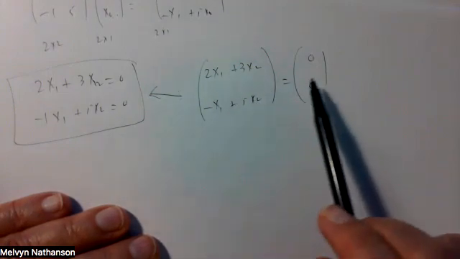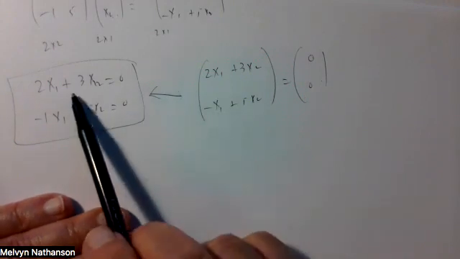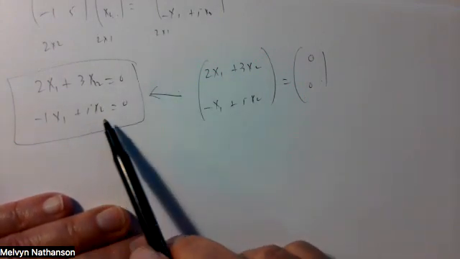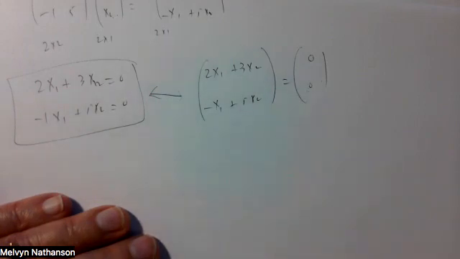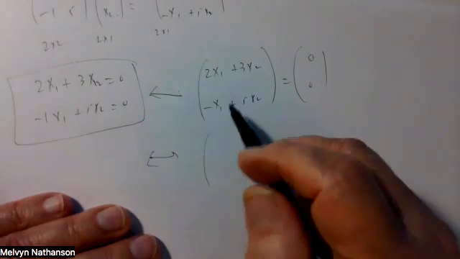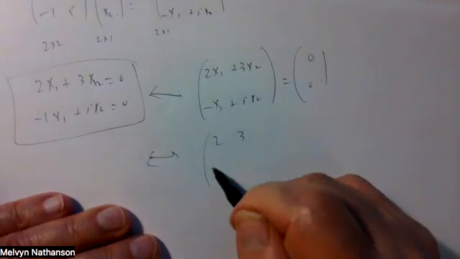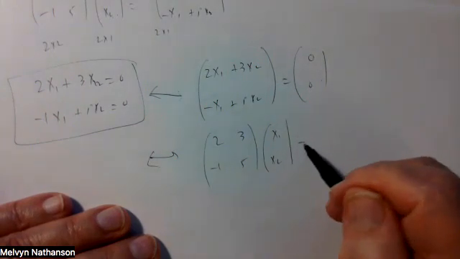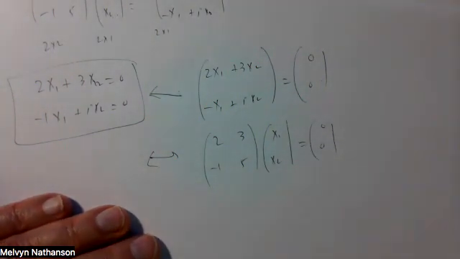So to say that this vector equals 0 means exactly 2x1 plus 3x2 equals 0 and minus x1 plus 5x2 equals 0. And this is exactly the same as saying that the matrix 2, 3, minus 1, 5 times the vector x1, x2 equals 0, 0.